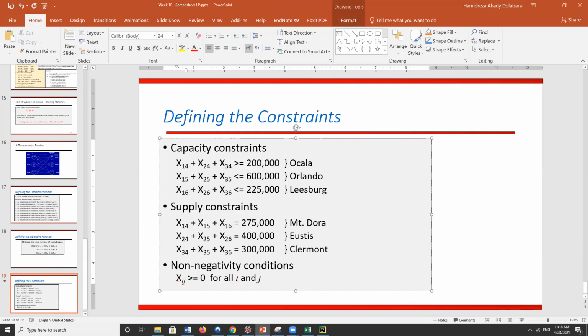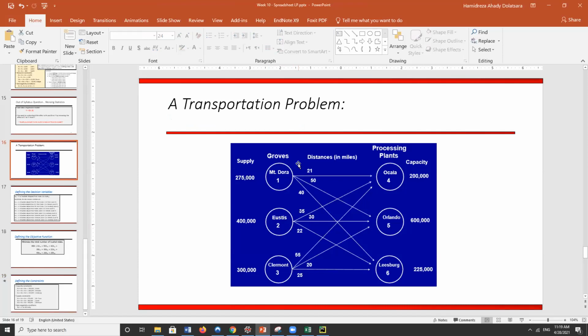So the sign of these equations just depends on the policy that you want to follow, or which policy is economically better. In your assignments or final exam, just follow the way that makes more sense for you. Here in this problem, for me, it makes sense to send everything from the supply plant. Also, for the processing plant, I don't want to send more.